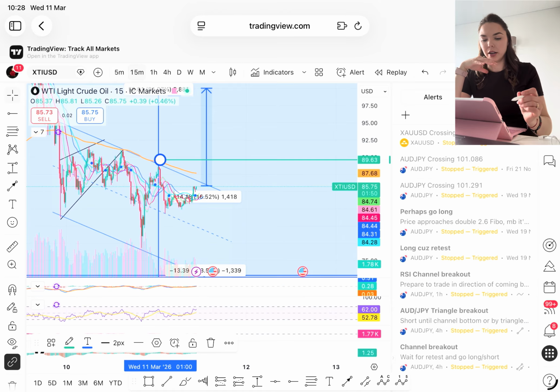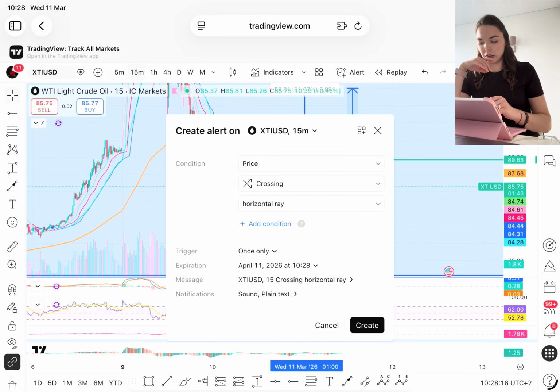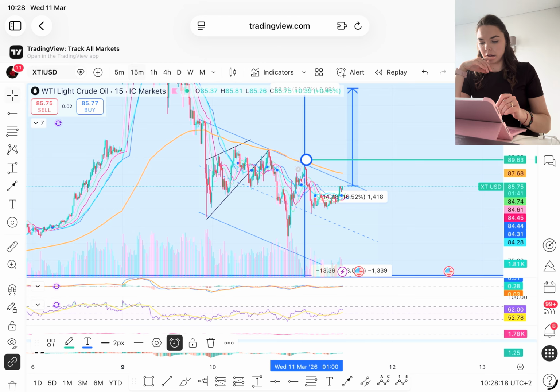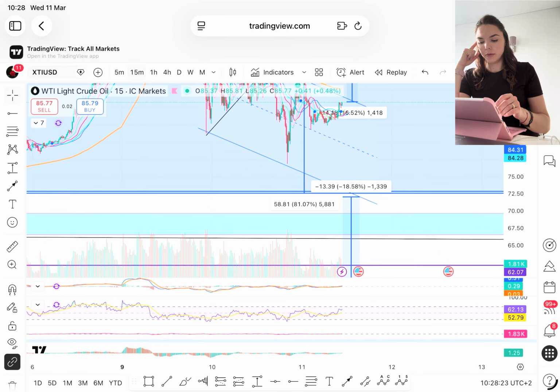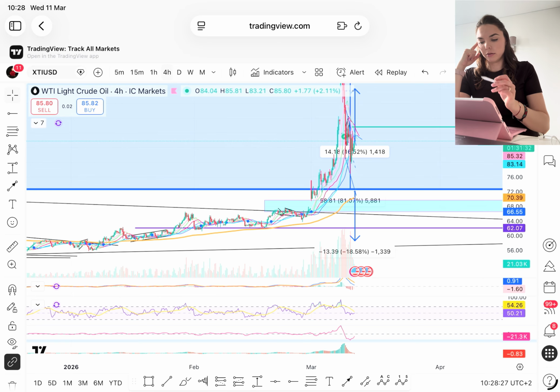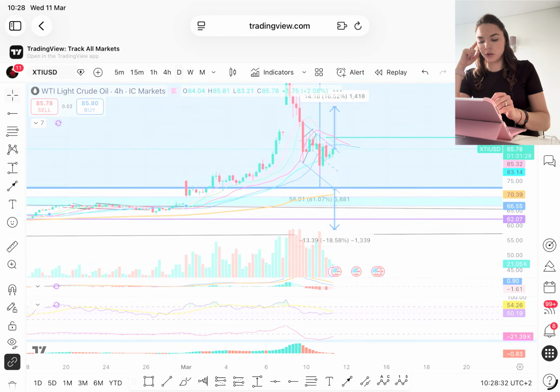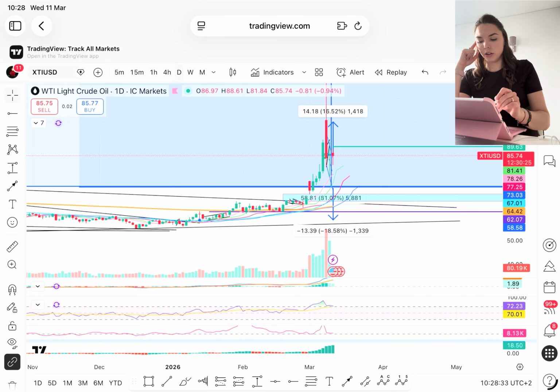Yes, I will put an alarm for myself here, because if we go by the rules, it seems like it should test the huge wedge that we have.